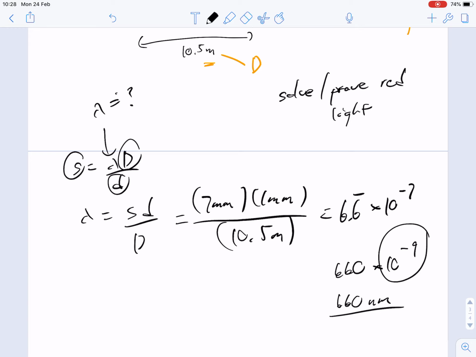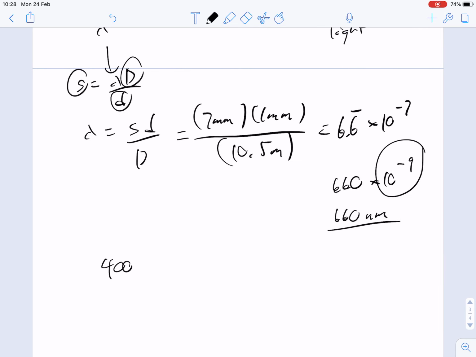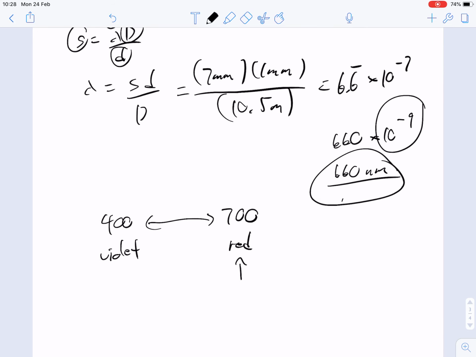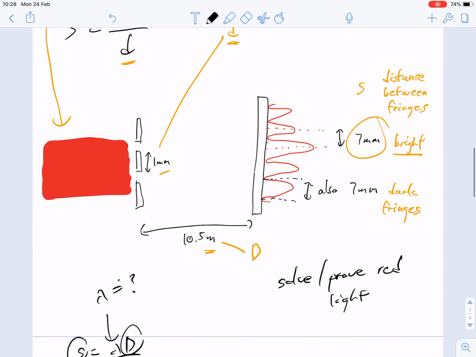And if you recall, the two ends of our visible light spectrum, you should hopefully have this somewhere in your brain by now, you've got red light on one end and you have violet on the other end. So red light should be pretty close, and that's what this is. 660, pretty close to pure red light. And so that is our proof that the light itself was red.